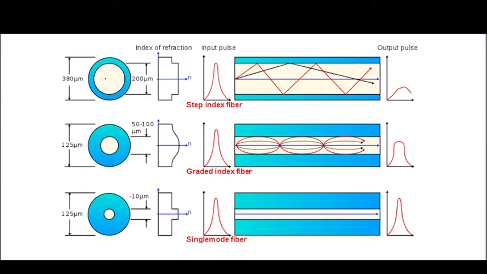So this one is the core. The size of the core is quite large as compared to the total size. It is about 200 micrometer diameter of the core, and total is about 380 micrometer.